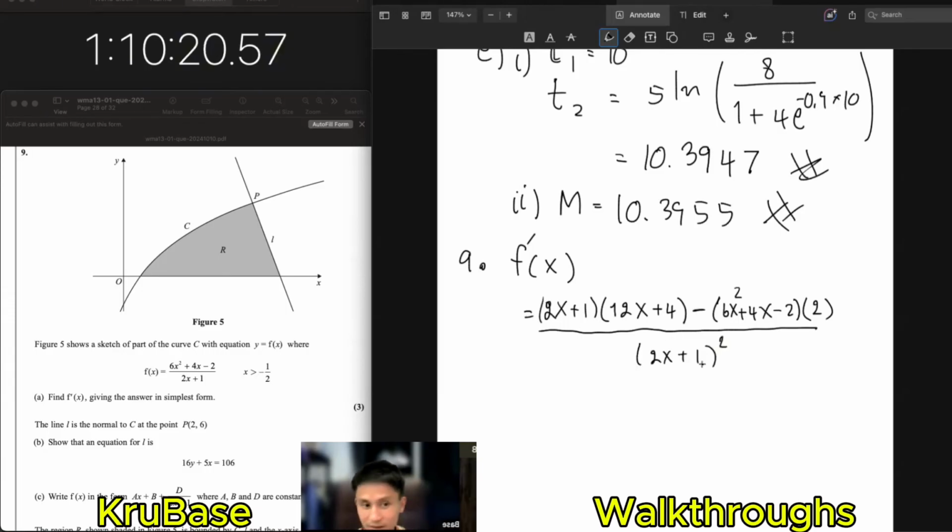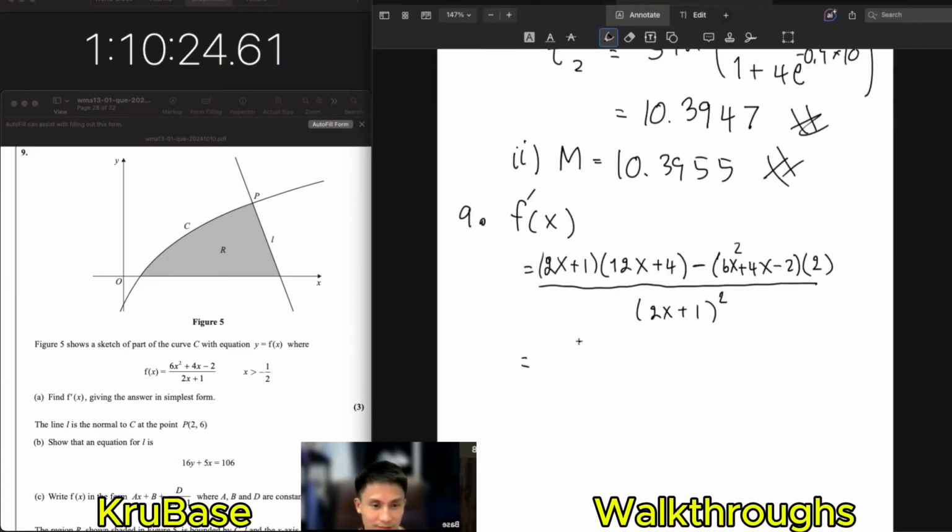In the simplest form, so basically we should expand these all out. So that's going to be 24x squared for this one. I have 12x here and I have an 8x here. I get all of them 20x, yeah? And then I have a 4 here.